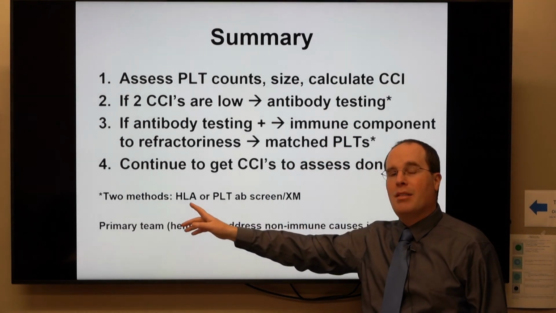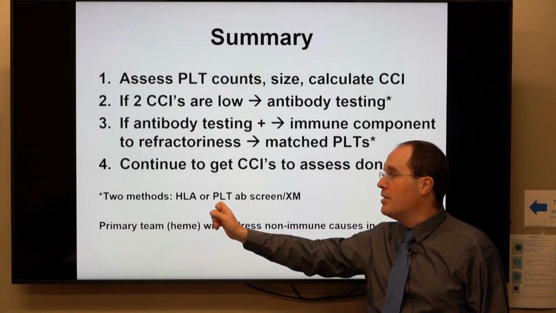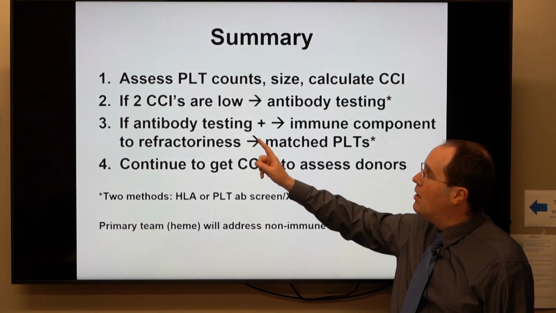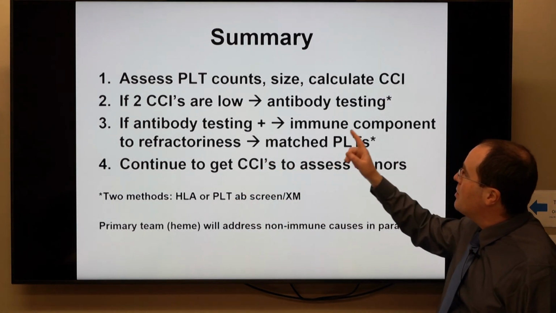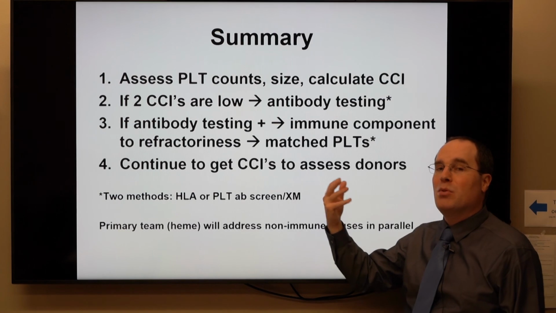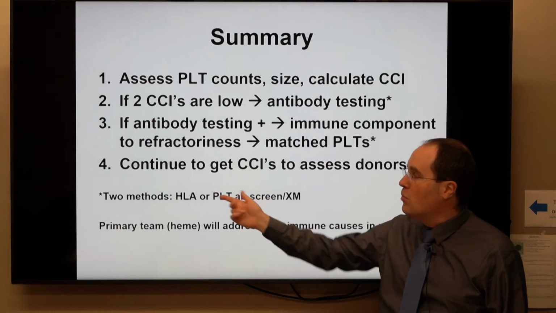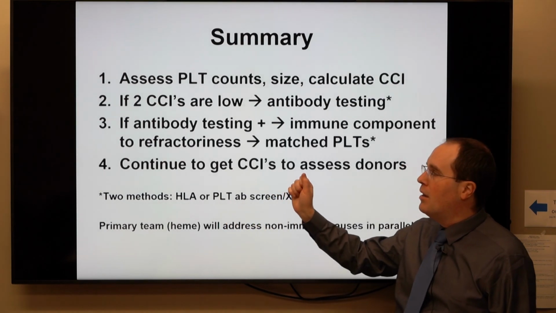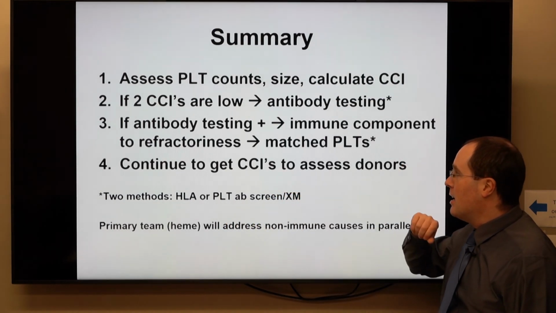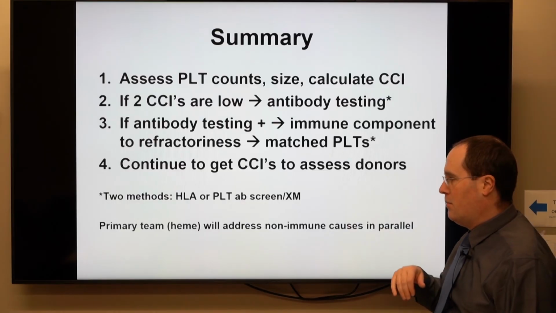And that could be done either via HLA antibodies or the Platelet Antibody Screen. And if your method of testing is positive, then we could say there's an immune component to the refractoriness, and we could use matched platelets, again, via one of those two broad methods. And as always, continue to get CCIs to assess each donor.